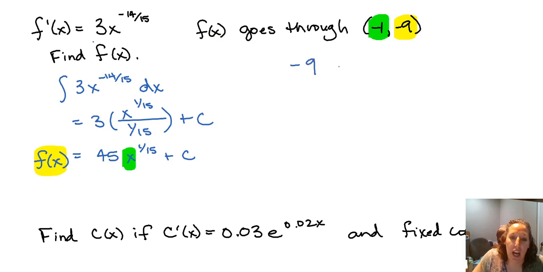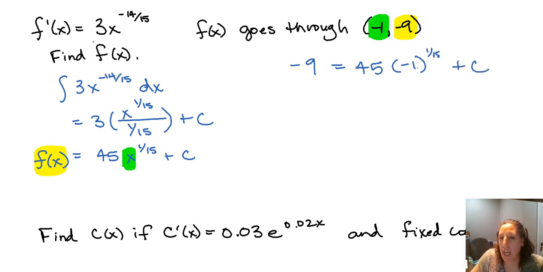So we get negative 9 equals 45 times negative 1 to the 1 over 15 plus c. Well, negative 1 to the 1 over 15 is just negative 1, so this is going to be a negative 45. So to move it to the other side, we'll add 45 to both sides. And negative 9 plus 45 is 36, is equal to that c value.